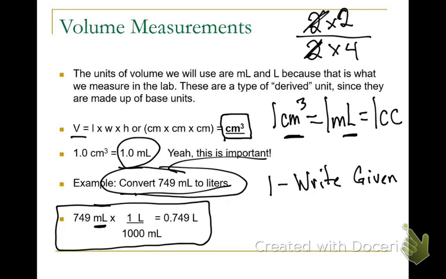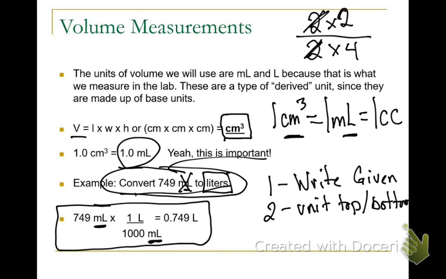If the same terms are on top and bottom, you can cross them out. Well, why do I want to cross this out? Because I want to get out of milliliters and into liters. So your step 2 is unit on top and then unit on bottom.